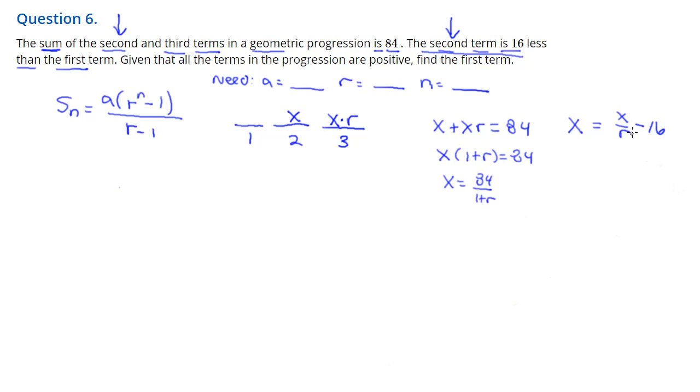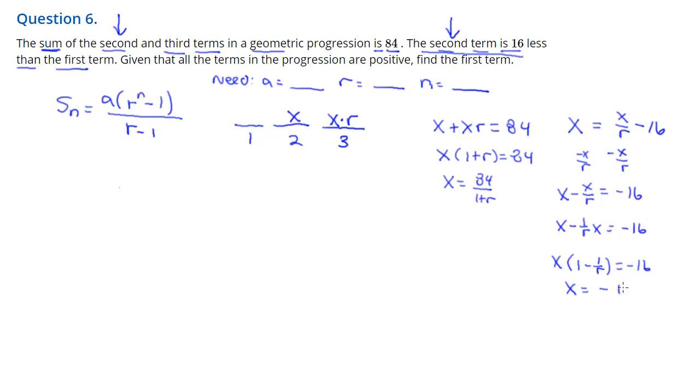So if I can get the other side to equal X, well, I can make them equal to each other, and then I can find out what R is. So let's do that. If I subtract X over R on both sides, now keep in mind, X over R, that's the same thing as saying negative 1 over R times X. So if I factor out the X, it's going to be 1 minus 1 over R is equal to negative 16.